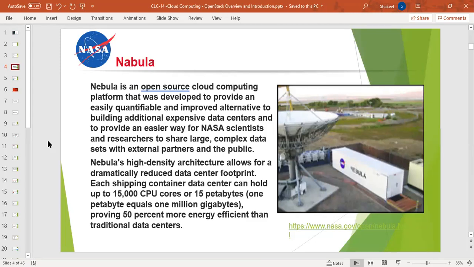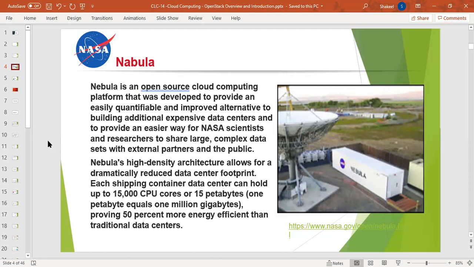Nebula, the addressed party, is an open source cloud computing platform that was developed to provide an easily quantifiable and improved alternative to building additional expensive data centers, and to provide an easier way for NASA scientists and researchers to share large, complex data sets with external partners and the public.